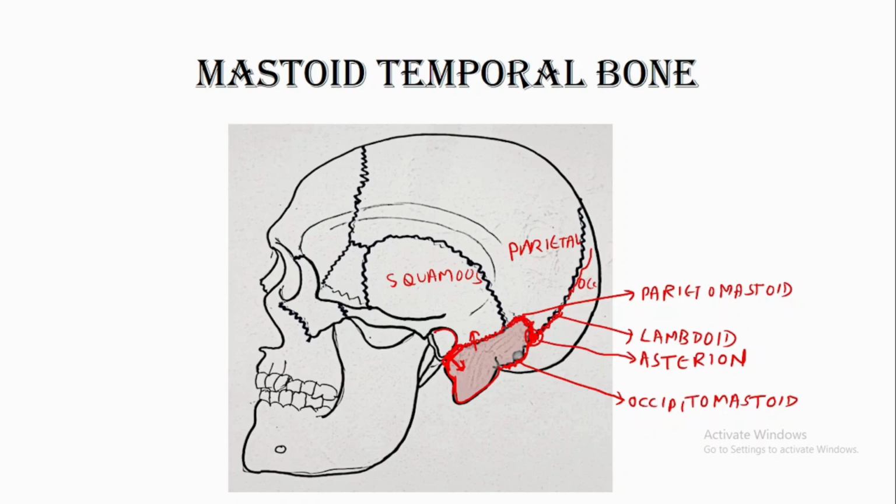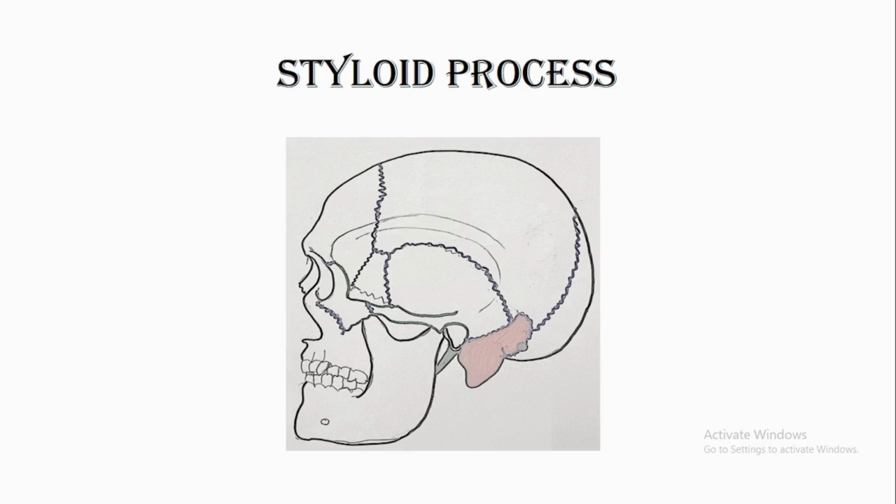And near the occipitomastoid suture, between the occipital and the mastoid bone, there is a foramen which is called the mastoid foramen. This mastoid foramen is sometimes present at the occipitomastoid suture and sometimes it might be present in the occipital bone also. So this is the mastoid temporal bone.